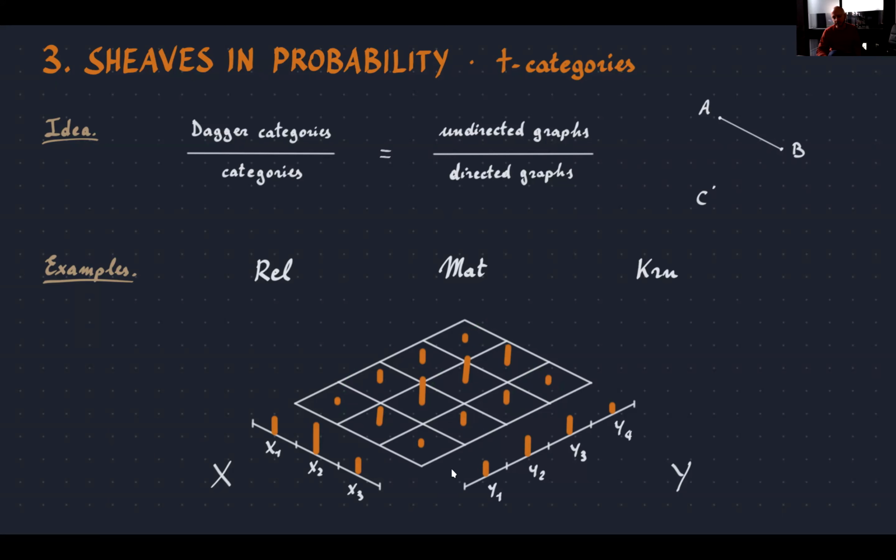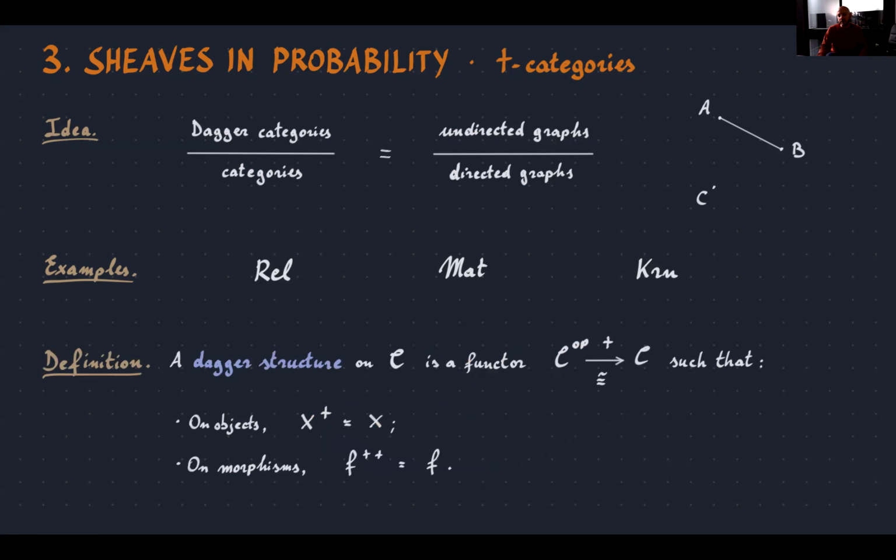You can view a measure preserving kernel as taking the measure of this point, spreading it and mapping it to these points in such a way that the amount of, I don't know, sand is preserved. Or of course, from here back to here, the other way. That's also a dagger category. It's crucial for this that you quotient on almost sure equality, because otherwise you don't just look at where the orange stuff goes, but also where points go.